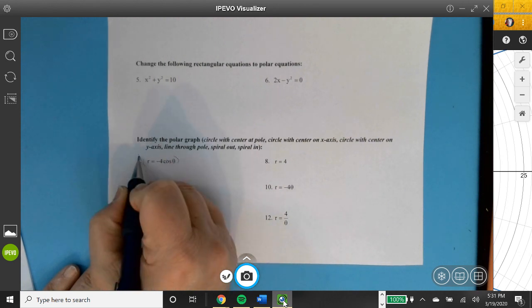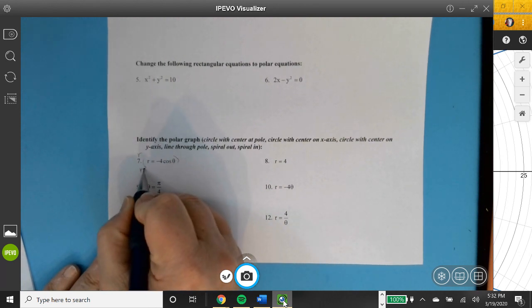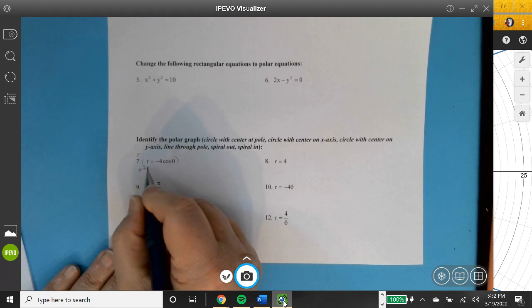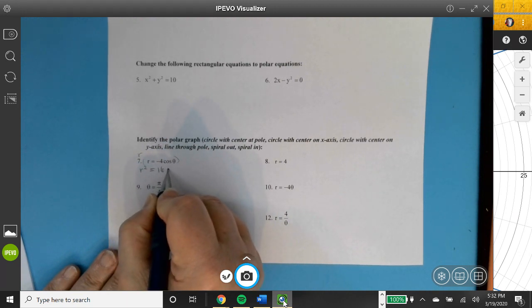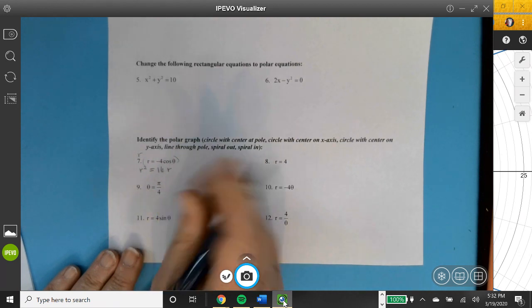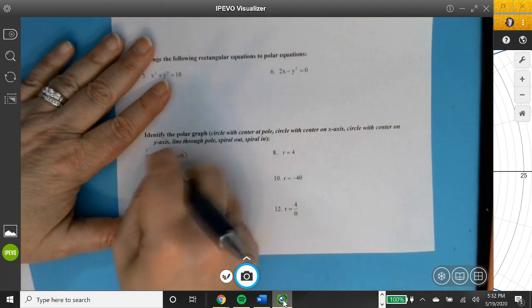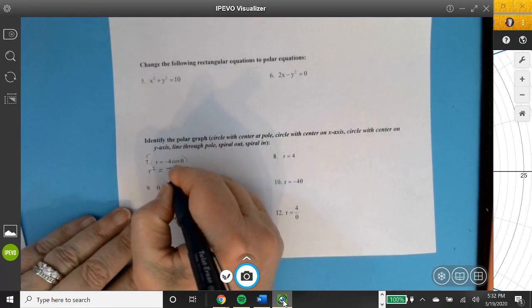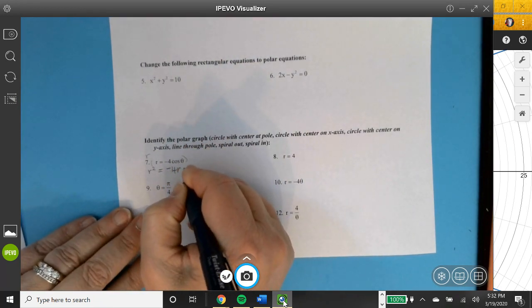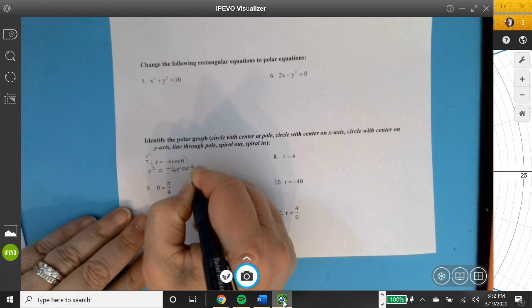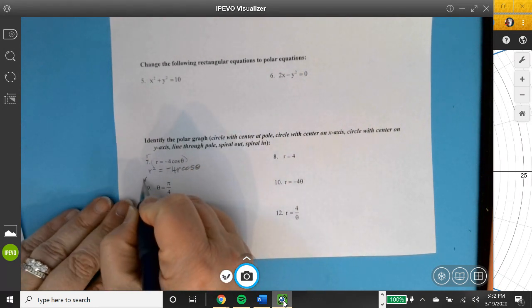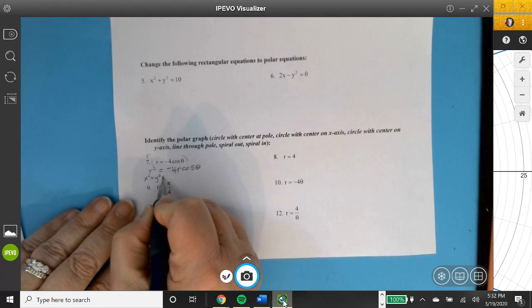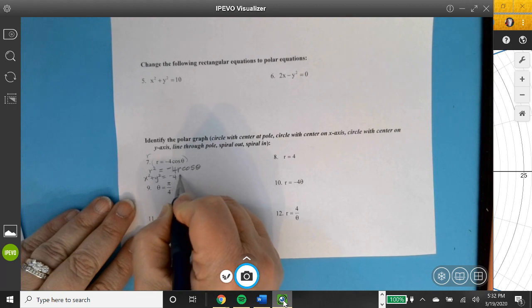We'd multiply everything by r, right? And we get r squared equals minus 4r cosine theta. Right? And then this would be x squared plus y squared equals negative 4x.